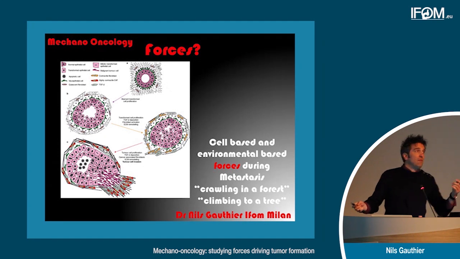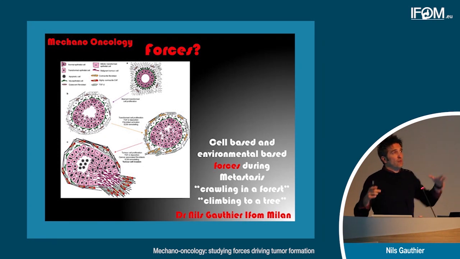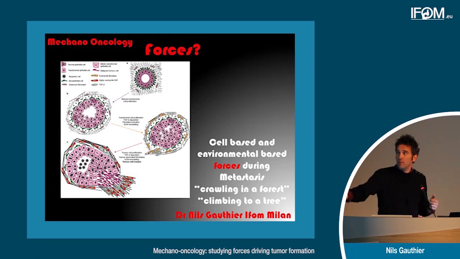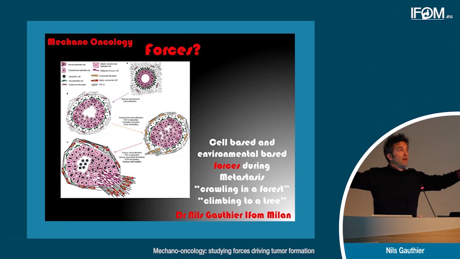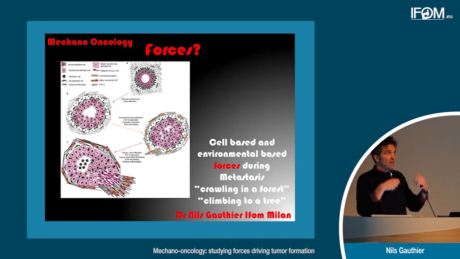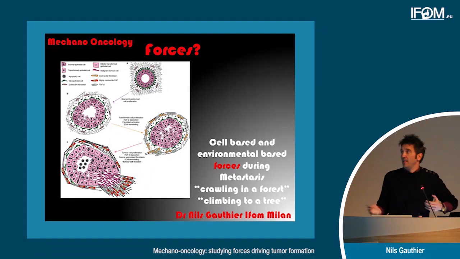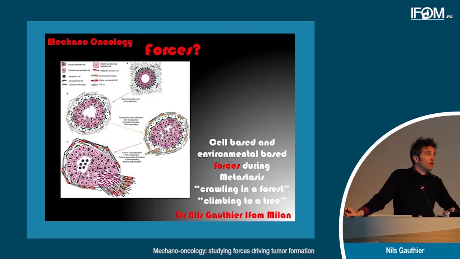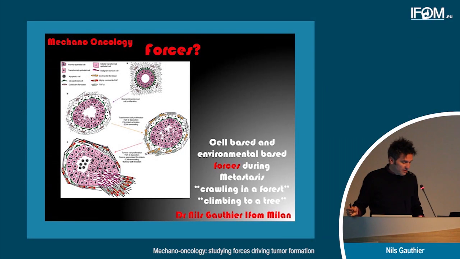And it's a bit also like climbing a tree, because very often around the cell, you have this sort of fiber-like environment made out of fibers, and the cells are grabbing on it and trying to pull. So it's a bit like climbing on a tree. If you are strong, and you are able to climb very well on a tree, then you are very dangerous, like a nasty cell.